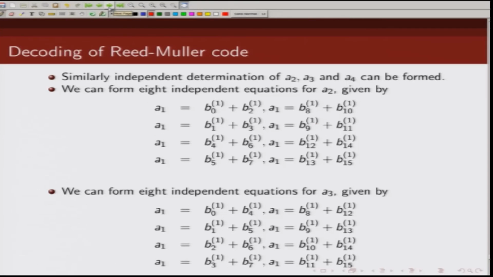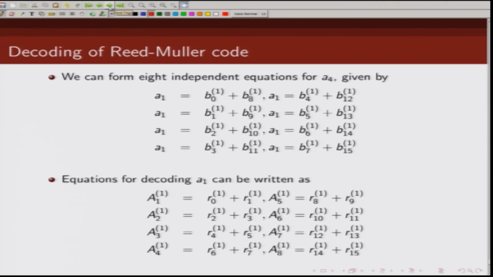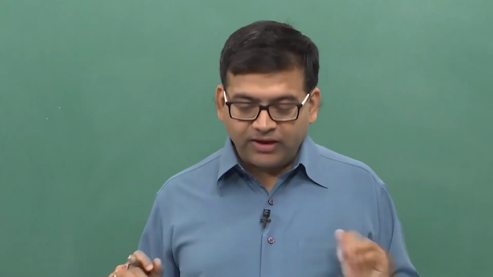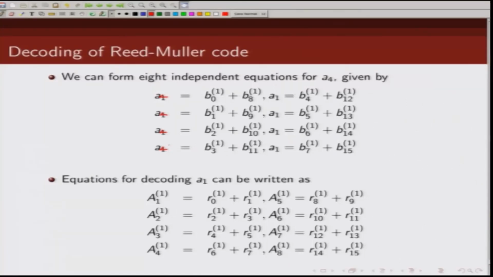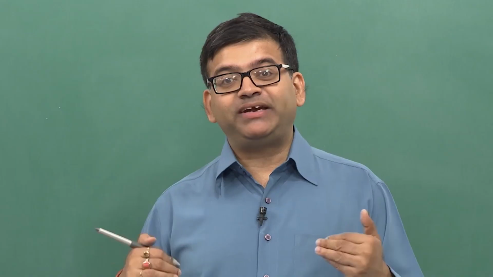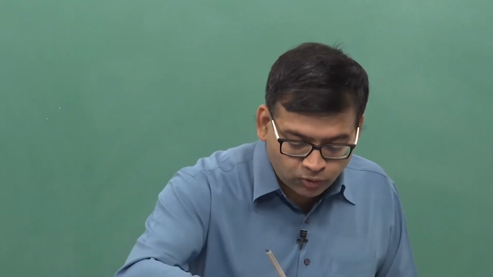Again, this is just a typo; this should be A2 here, similarly this is A3 here, and this is A4 here. This is exactly the same procedure I followed for A1, and we are getting 8 independent equations and taking a majority decision in decoding these.